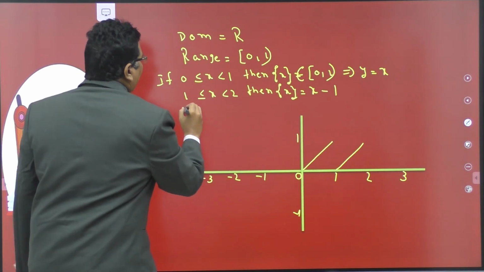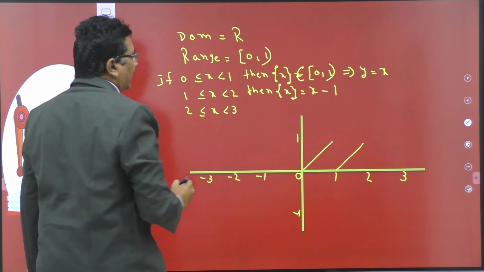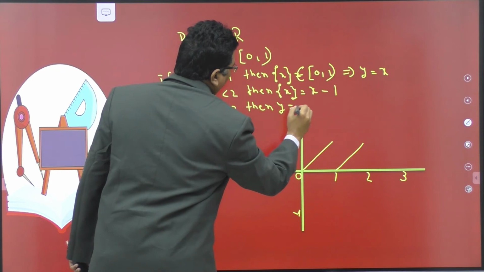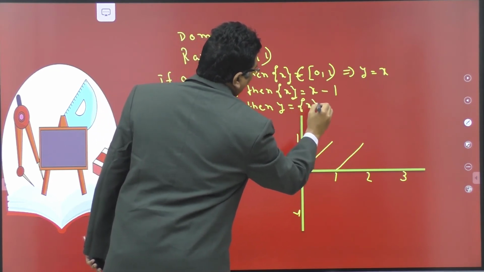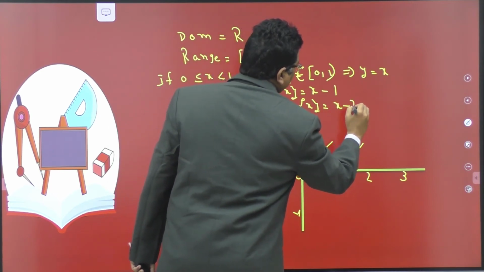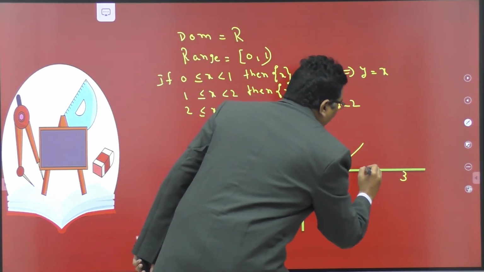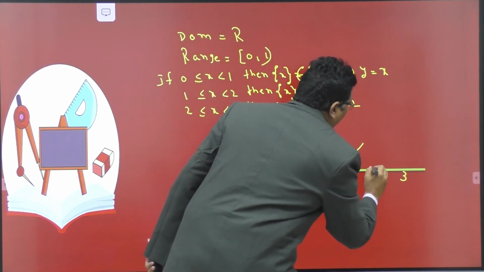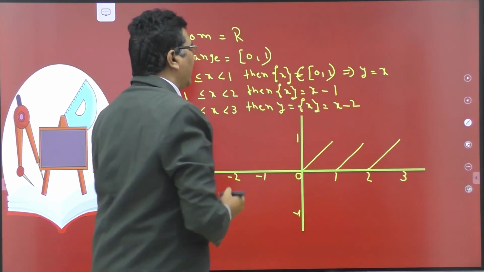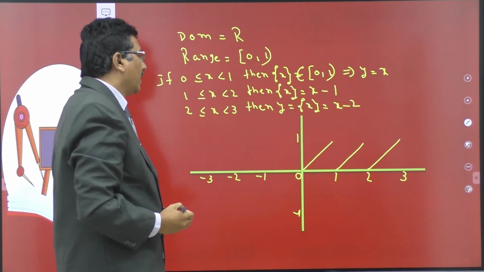Now if x lies between 2 and 3, then y is equal to the fractional part of x, which is x minus box x, x minus 2. In the interval 2 to 3, the line is y is equal to x minus 2, right?